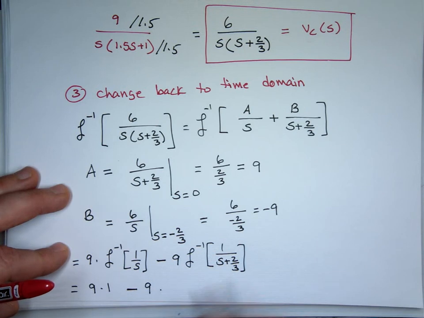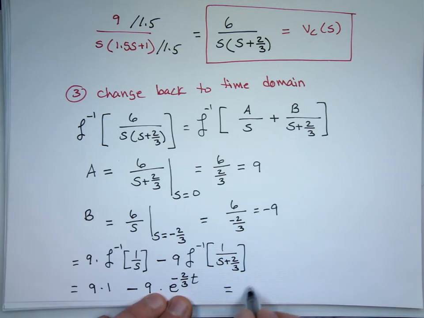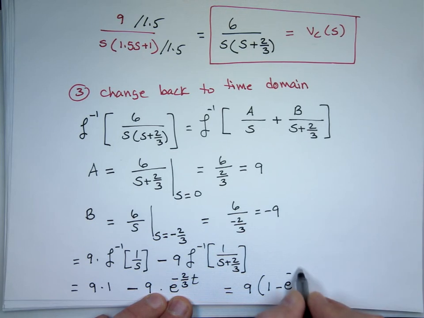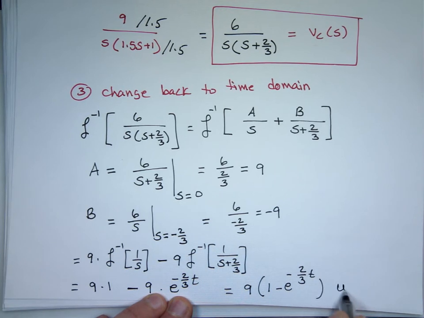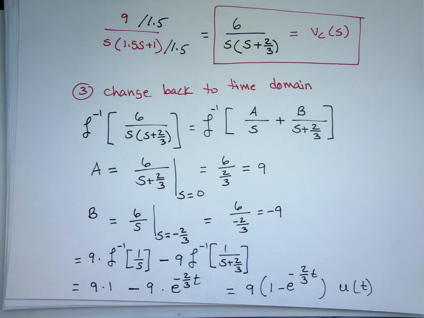That's e to the minus 2/3 t. So if you want to factor a 9 out, 9 times 1 minus e to the minus 2/3 t, times u of t, because remember your circuit does not have anything till t equals 0. And that's how we're going to solve all these problems.